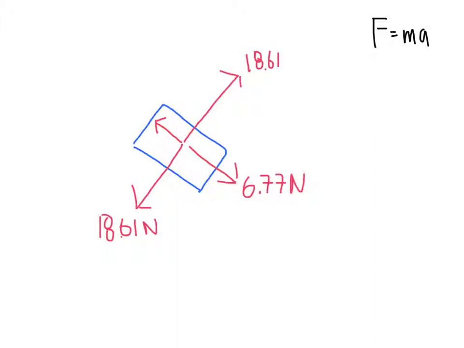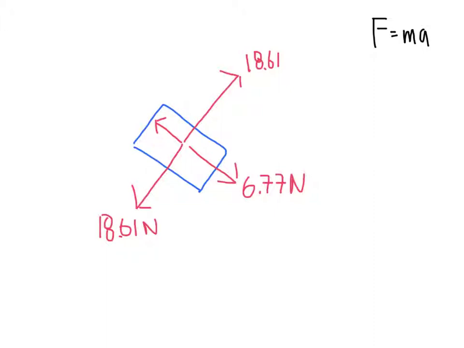Okay, so this force we would call the component of weight perpendicular to the plane. This force we would call the normal force. It is the force that the plane exerts on the block.